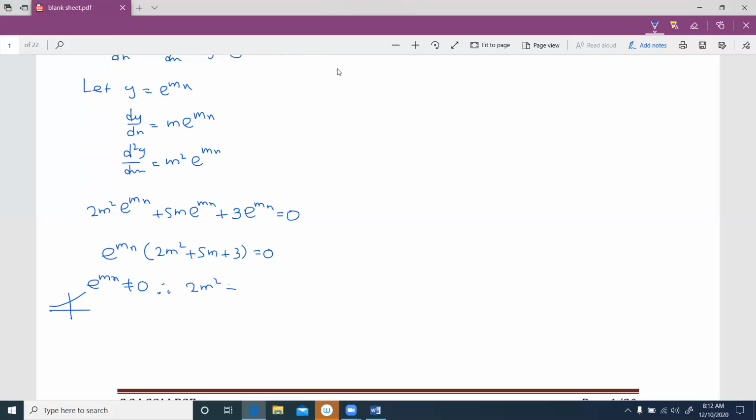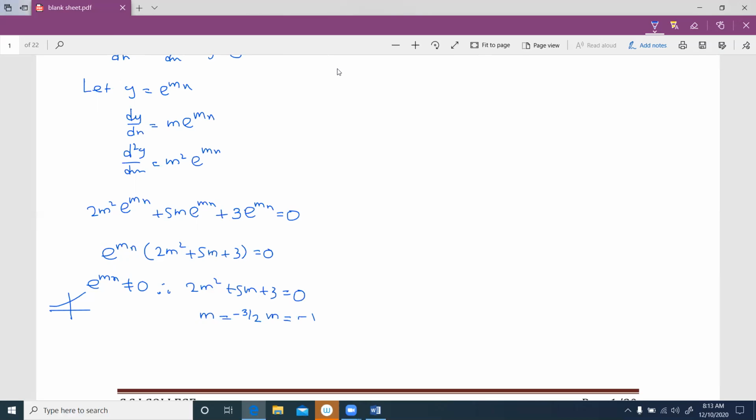Therefore we can write 2m squared plus 5m plus 3 is equal to 0. If you simplify this, you get the answers m equals minus 3 over 2, and m equals minus 1.